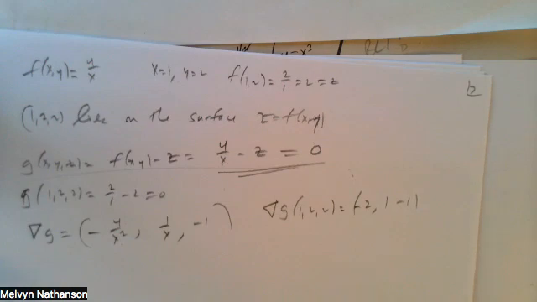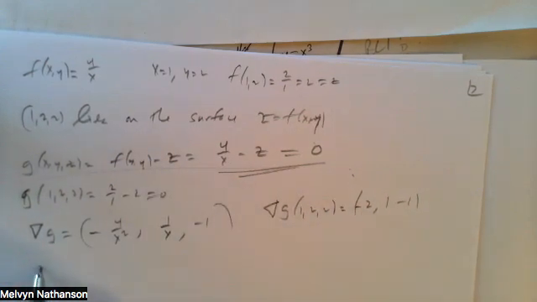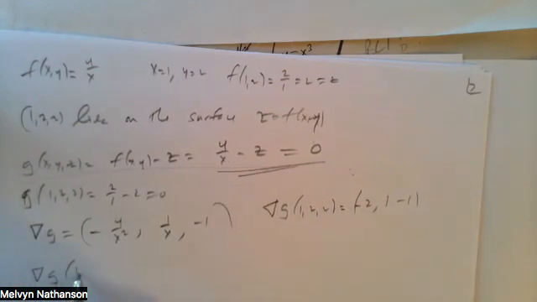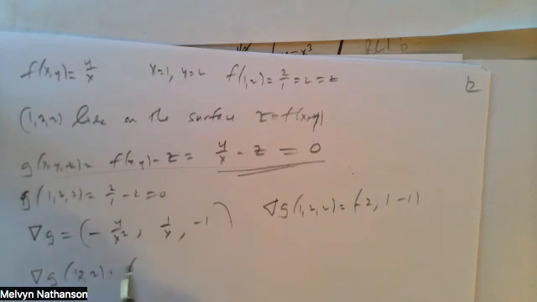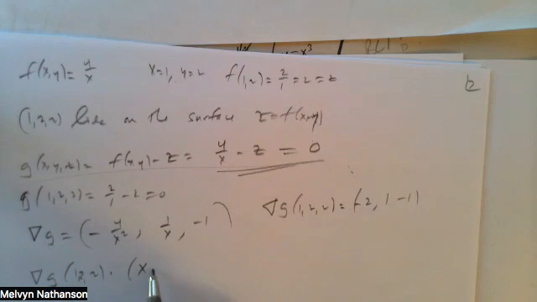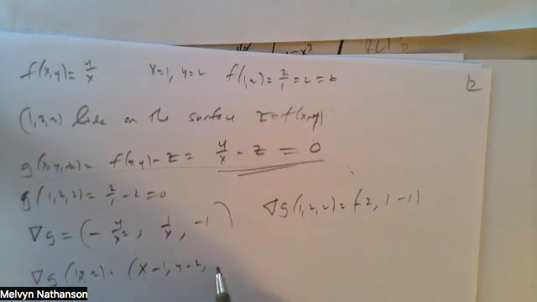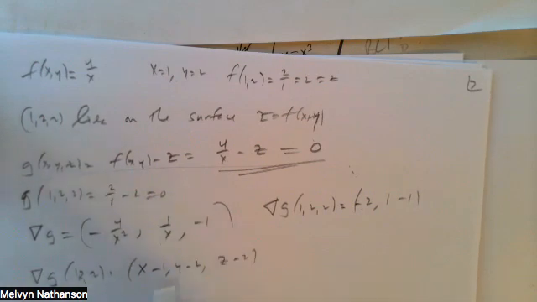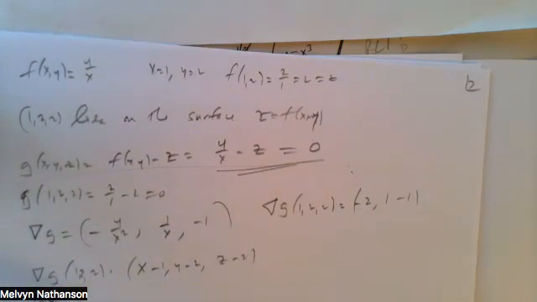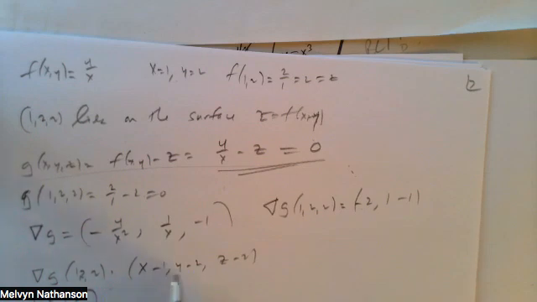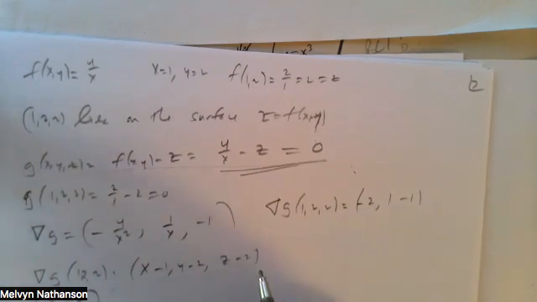So the equation of the tangent plane will be the gradient dot product with x minus 1, y minus 2, z minus 2. This is the vector minus 2, 1, minus 1. So we're taking the dot product of this with this.